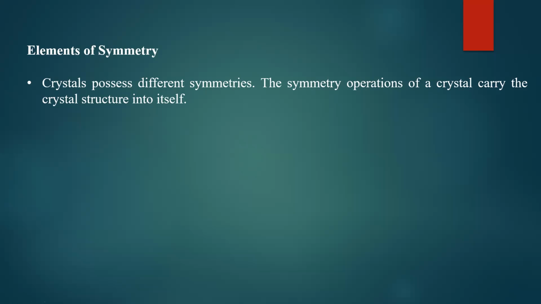If you do that symmetry operation on a crystal or crystal lattice, that lattice will not change its nature. So the identical system or identical structure is obtained after the symmetry operation. So such operations are called symmetry operations.